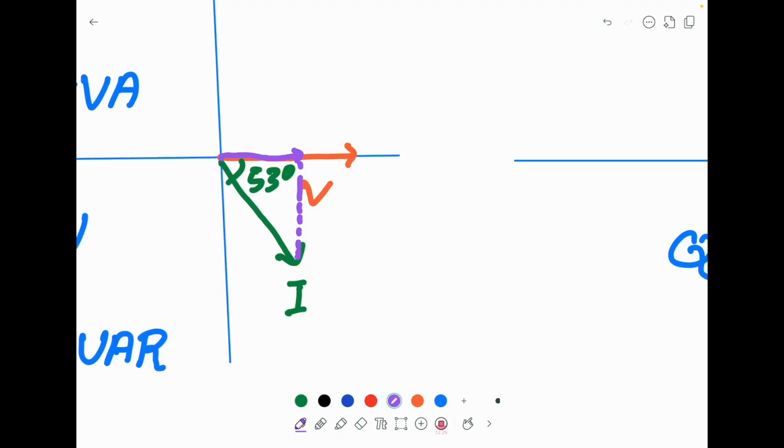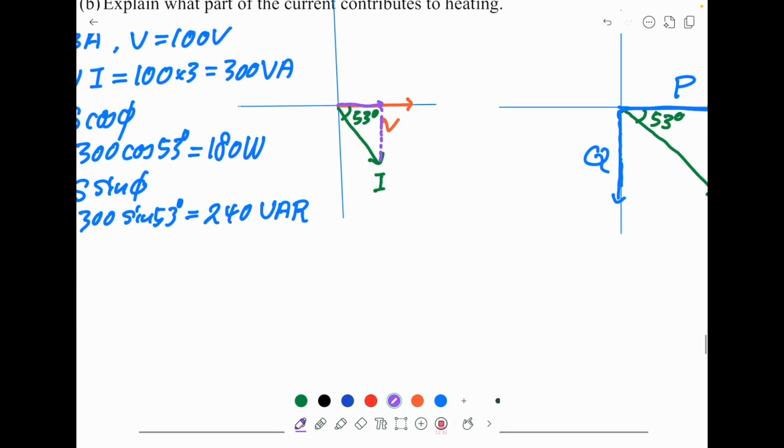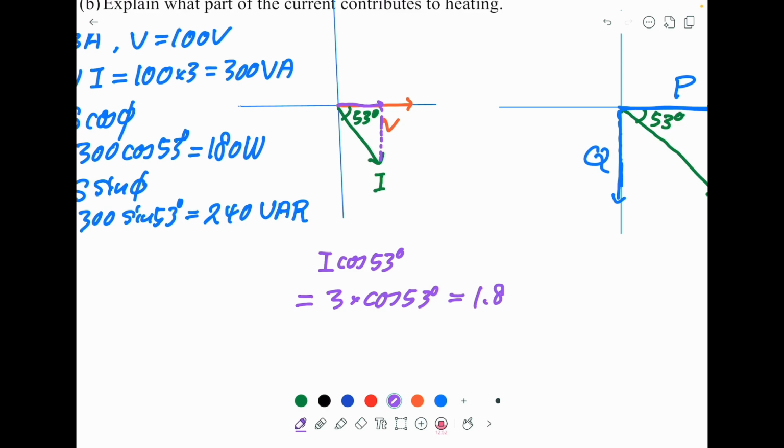So this is the I cosine 53 degrees, which is really the current passing through the load, and we'll say this is 3 times cosine 53 degrees, equal to 1.8 ampere.